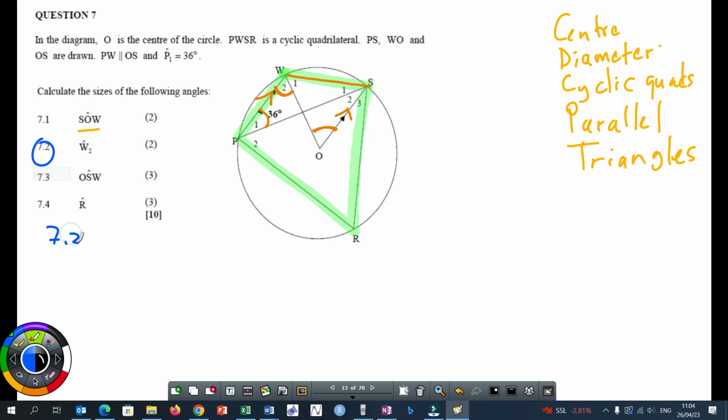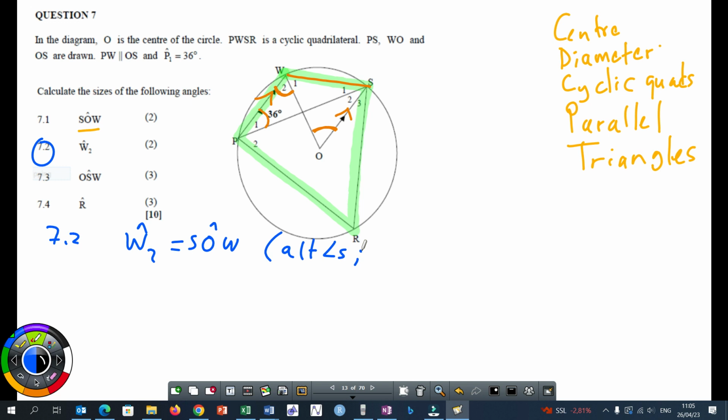So 7.2, W2 is equal to SOW. Why are they equal? Because they are alternate angles. Once you state that angles are alternate, you have to write down the lines that are parallel.